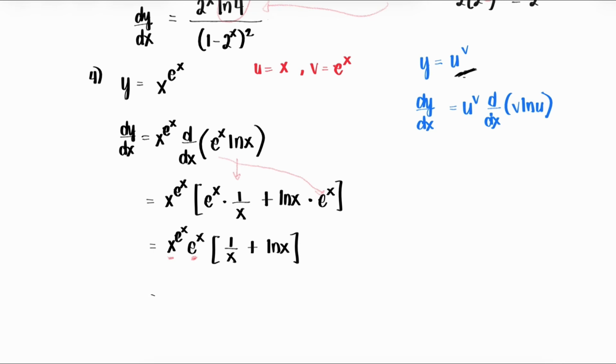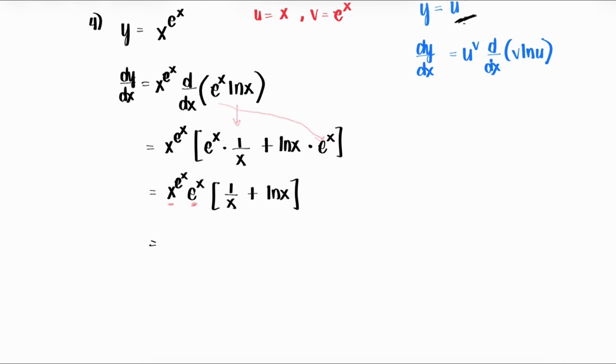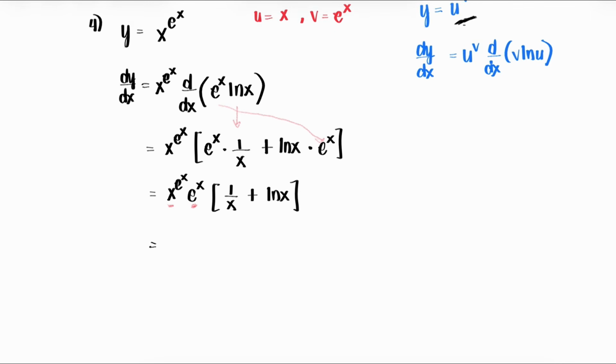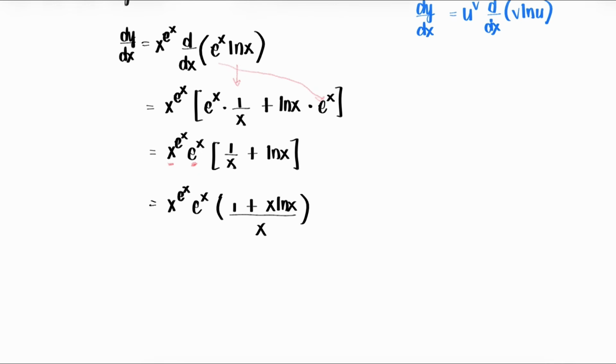So we can actually combine the two fractions right there. You can leave it like that. Or we can combine the two fractions. So x to the power of e to the power of x times e to the power of x times 1 plus x ln of x divided by x. So we just combine the two fractions. And then because we have a base here e and a base here e, we can combine that.